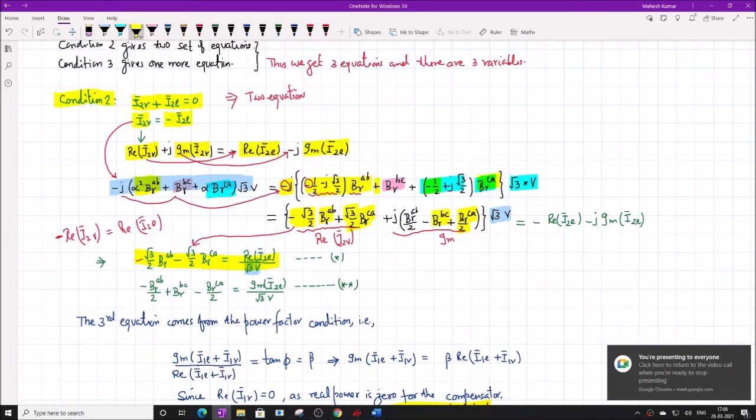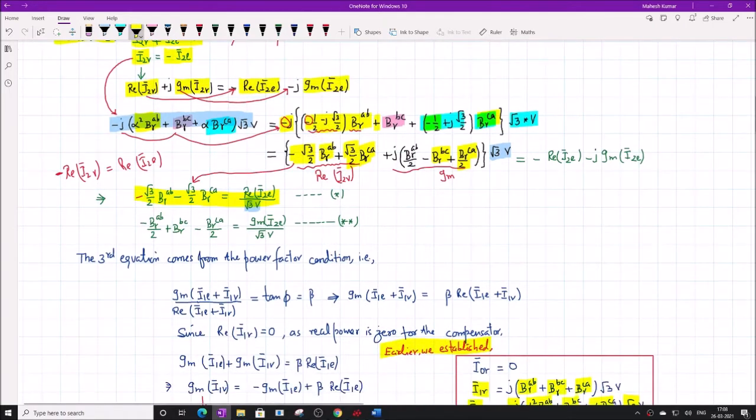Okay. And second condition, comparing this imaginary part, will give the second equation. What is that? This is the imaginary part. So we use another equation of that, minus imaginary of I2 gamma must be equal to imaginary of I2L. Okay.